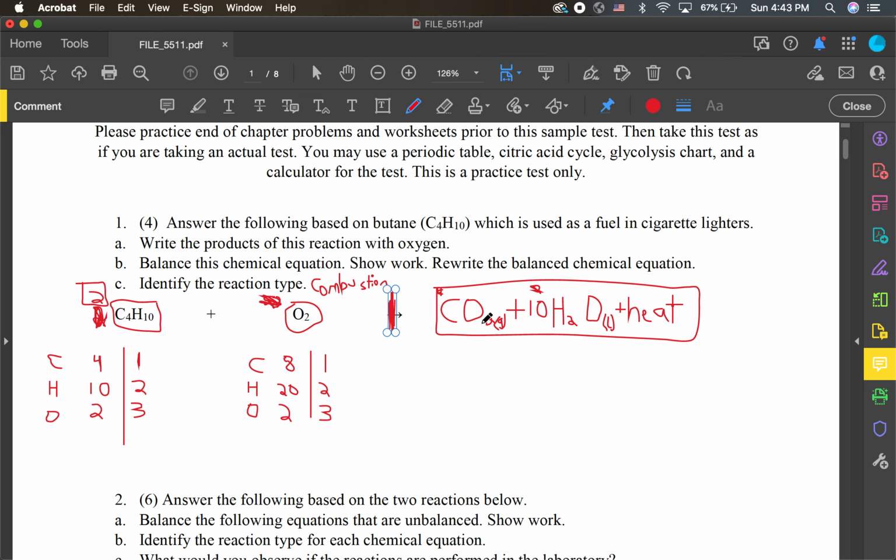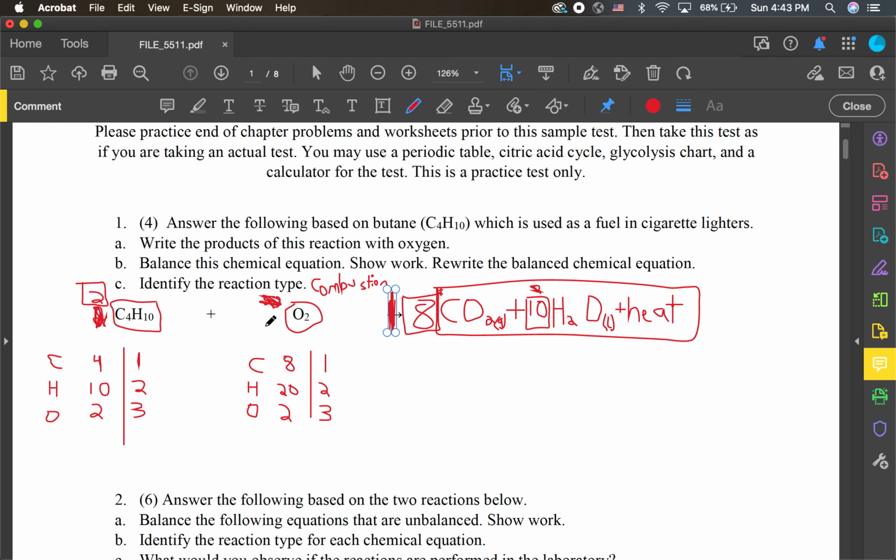So how many O's do we have now that we need to compensate for on this side? So we know this one's going to be 10. We know this one's 8. We know this one's 2. Okay, this side. 8 times O2 is 16. 10 times O is 10. So we have 26. So we need 26 oxygens here.